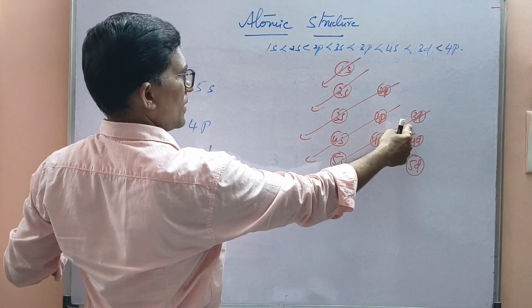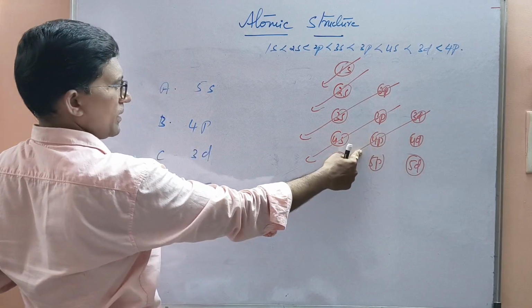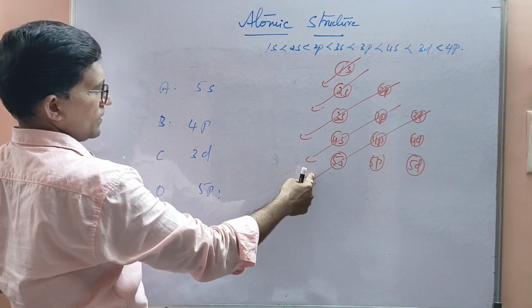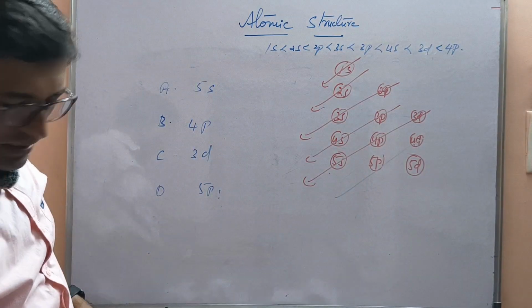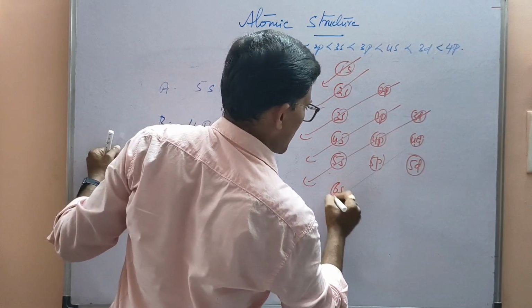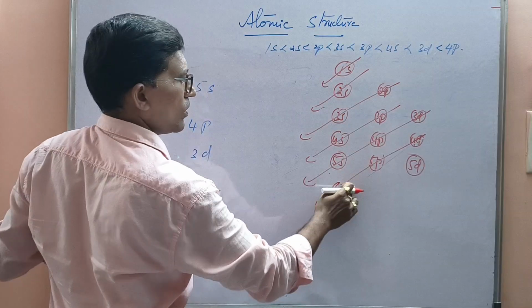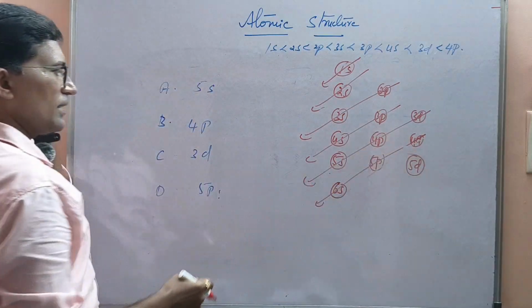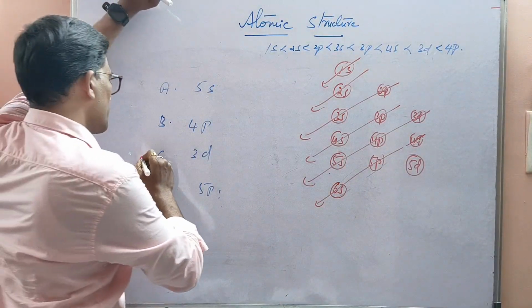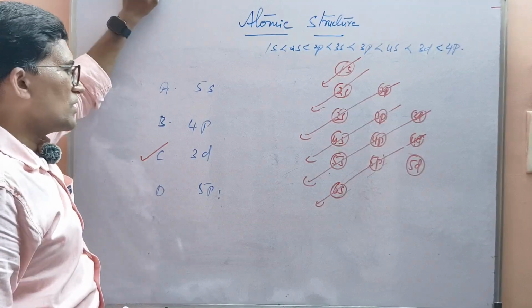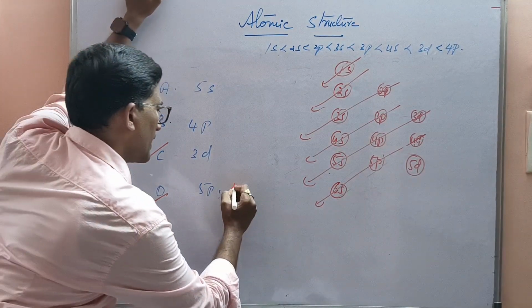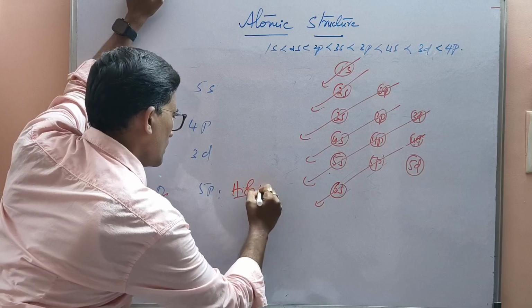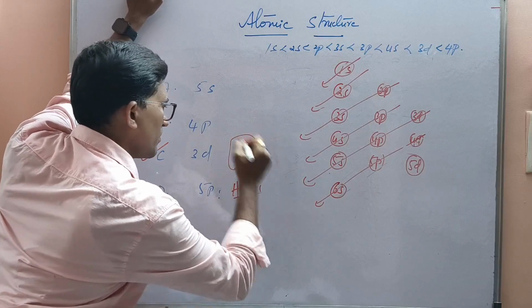After 3d, it is going to enter into 4p, then into 5s, then into 5p. Among all these orbitals, the one with the least energy, the right option, is 3d. The highest energy is 5p. This is high, and this is less energy. Remember that.